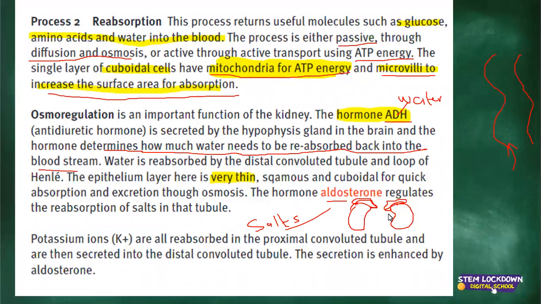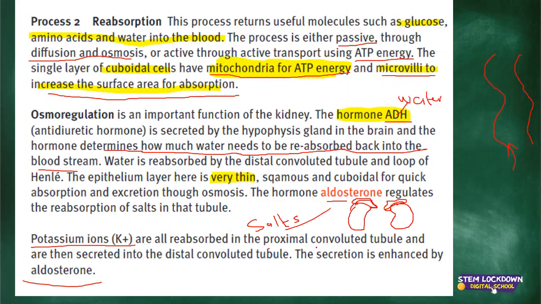Potassium ions are all reabsorbed in the proximal convoluted tubule and are then secreted into the distal convoluted tubule. The secretion there is enhanced by aldosterone. Why? This is a salt, guys. Potassium ion is a salt, and aldosterone regulates the reabsorption of salts. So that's why it is regulated by aldosterone.